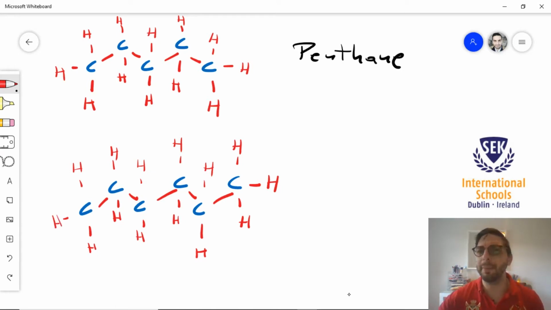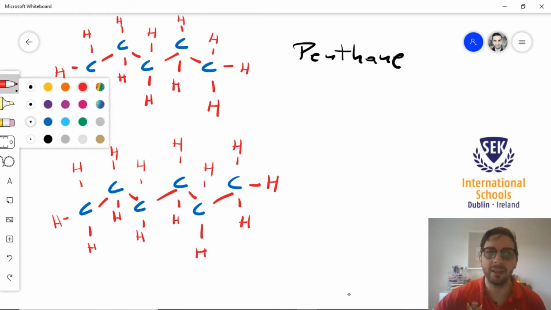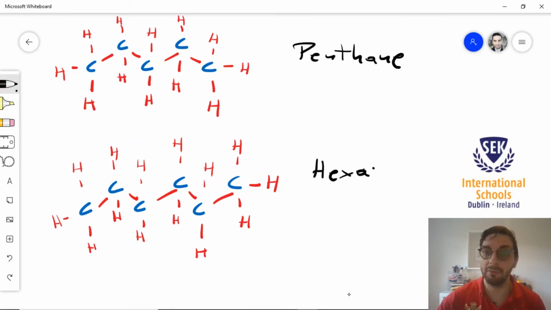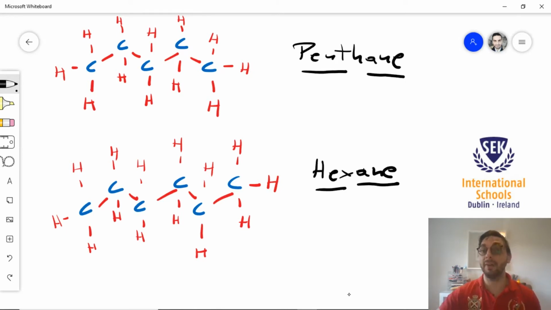So 5 is pentane, and 6 is hexane. Very good. Remember the suffix ane. Pent is 5, hex is 6, hept is 7, oct is 8.